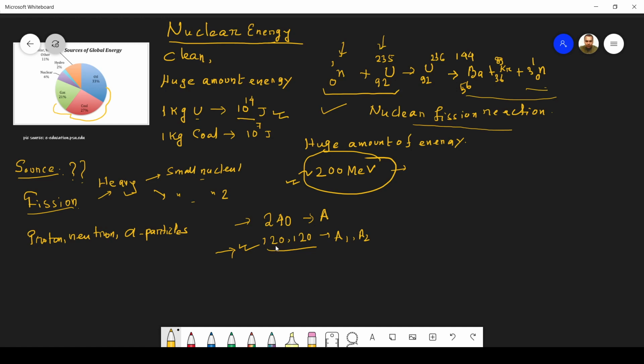Okay, so from that graph you will see that this parent nucleus would have a binding energy per nucleon value of about 7.6 mega electron volt, and such daughter nuclei, the nuclei which we would get after breaking the parent nucleus, will have a binding energy per nucleon value of about 8.5 mega electron volt.